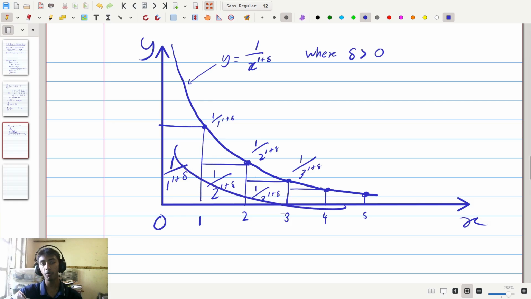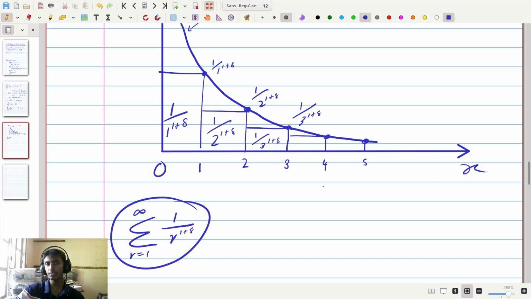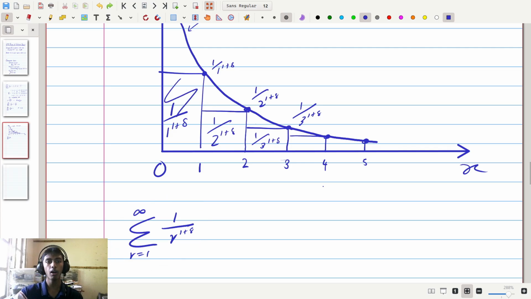The total sum of all of these areas is 1 divided by 1 to the power of 1 plus delta, plus 1 divided by 2 to the power of 1 plus delta, all added together. We can write this in a common form and say, using sigma notation, that the area involved here is the sum from r equals 1 up to infinity of 1 divided by r to the power of 1 plus delta. This is the value of the total area of each of these rectangles as we go to infinity.